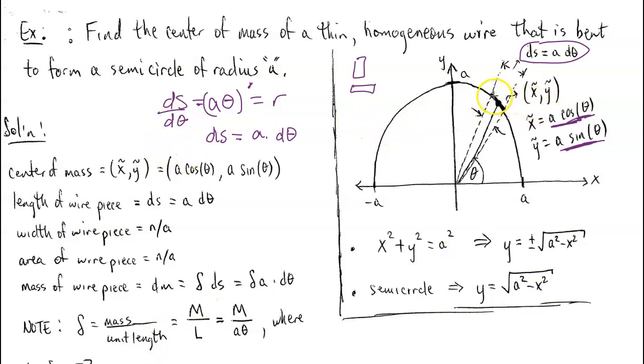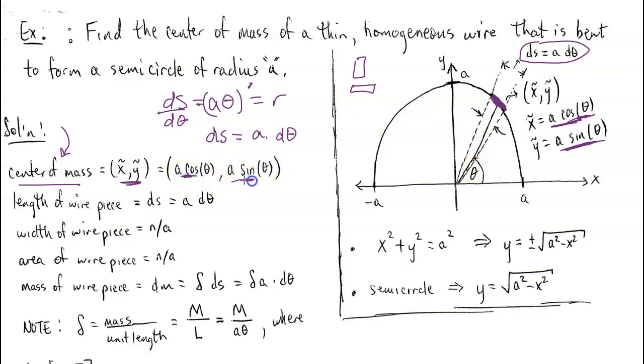Now, to model this piece and get all the information that we need, I'm using the two-dimensional formula and showing how we can omit some of the parameters so we can figure out what we want. Here, the center of mass is still the point x tilde, y tilde. At any given point on the circle, we would have a point a cosine theta, a sine theta, depending upon what angle we're at.